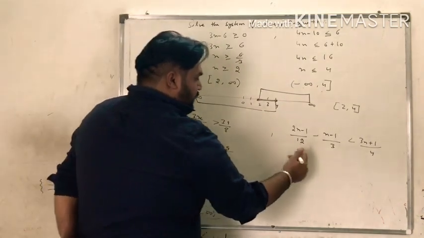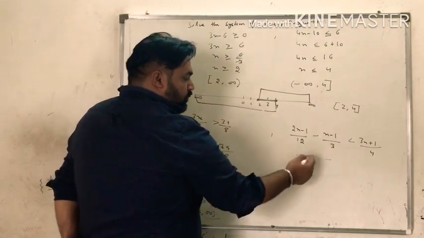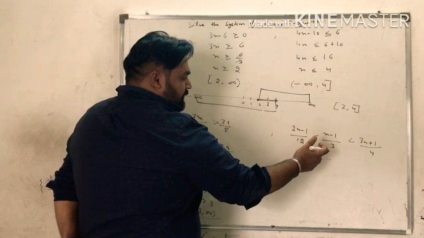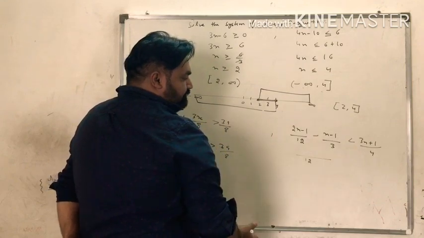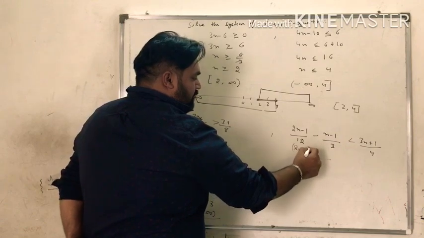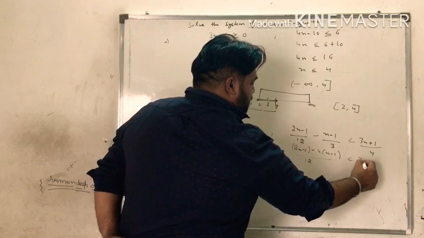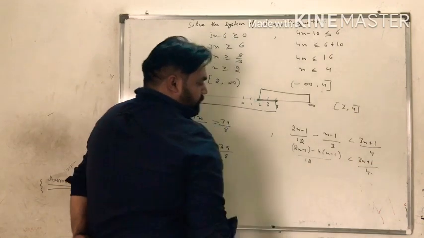Same, again we take the LCM 12. So the LCM is 12. So 2x minus 1 minus 4x minus 1 greater than 3x plus 1 upon 4.